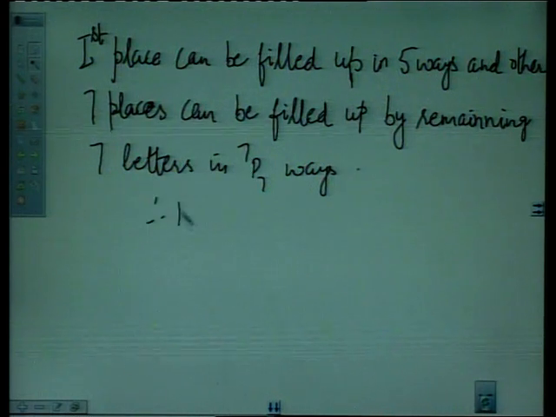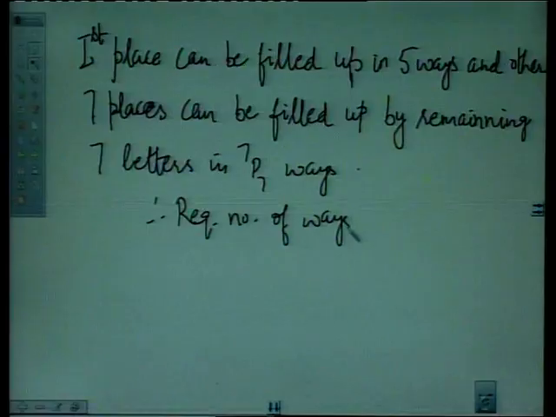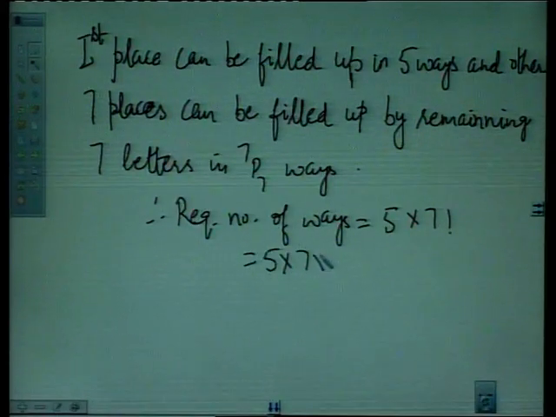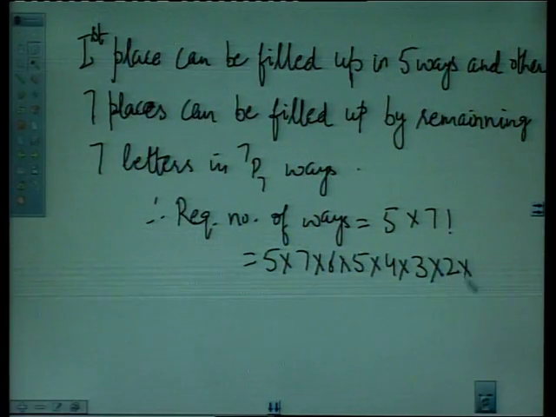Therefore, the required number of ways: we know the first place can be filled up in 5 ways. The remaining 7 places can be filled up from the 7 letters in 7P7, that means 7 factorial. We know the value of 7 factorial is 7 into 6 into 5 into 4 into 3 into 2 into 1.